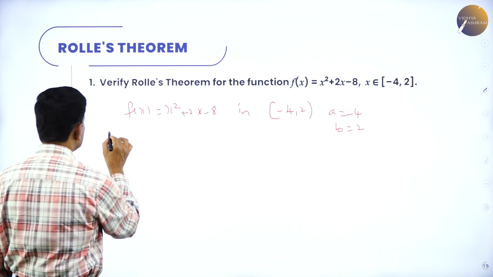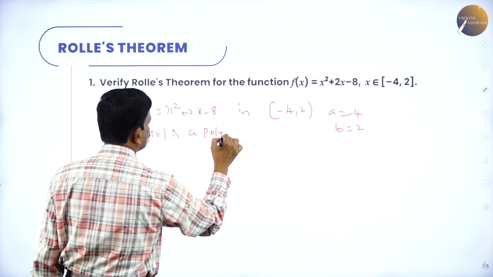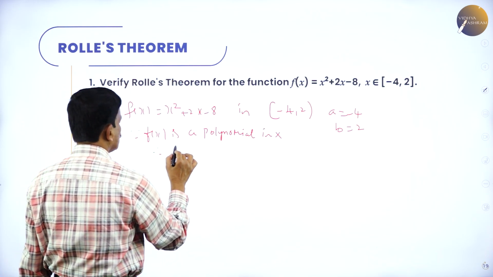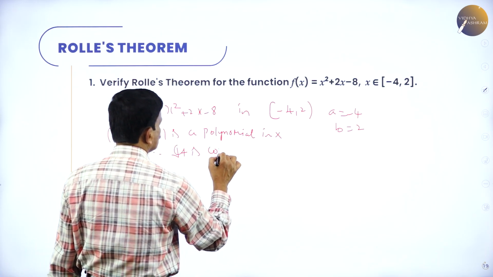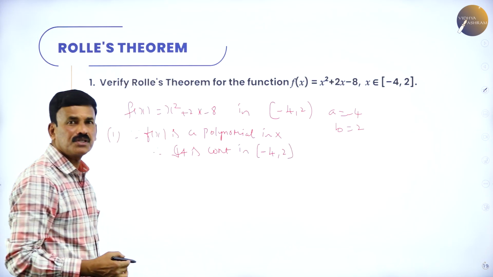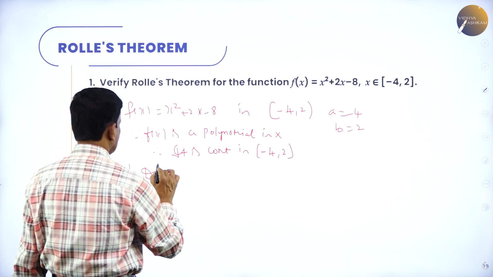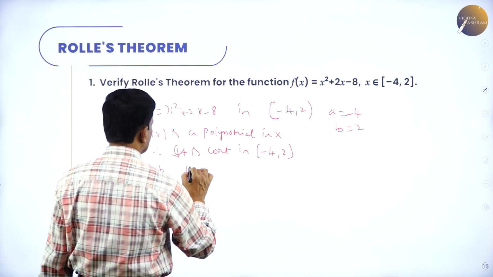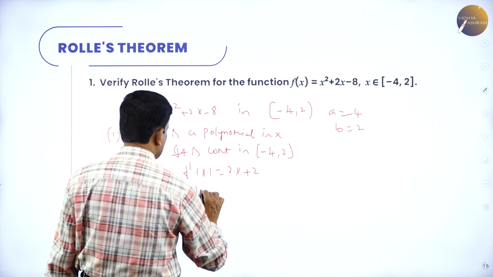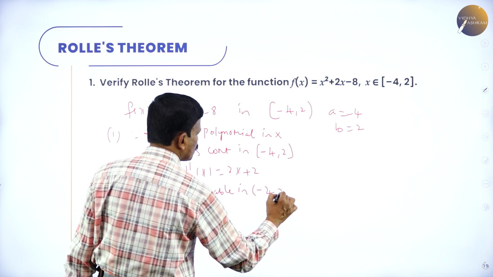Same as usual, since f of x is a polynomial in x, therefore it is continuous in the closed interval minus 4 comma 2. Now differentiating with respect to x, f dash of x is equal to 2x plus 2. That is differentiable in the open interval minus 4 comma 2.